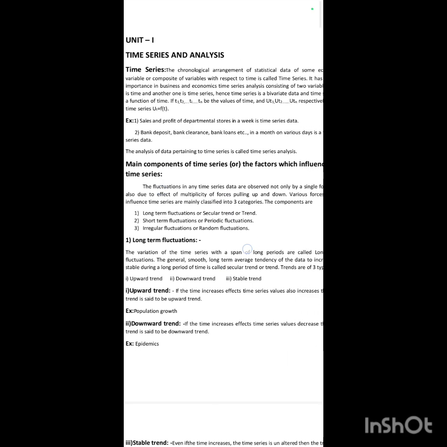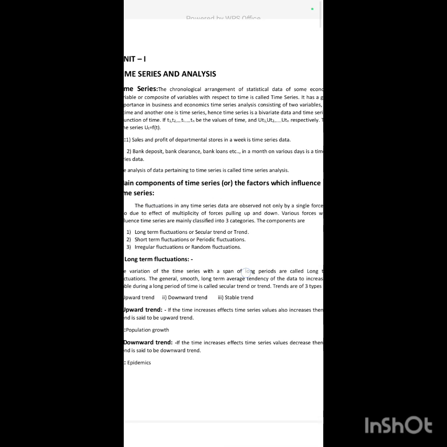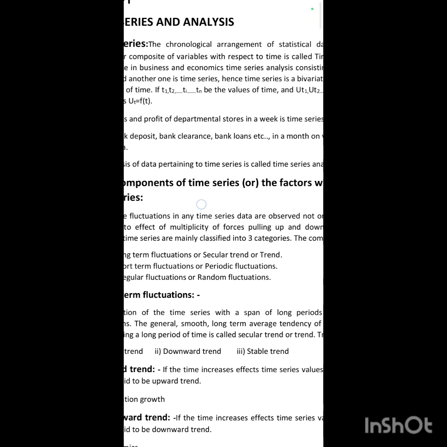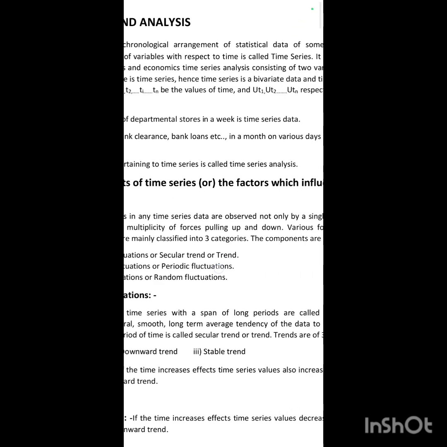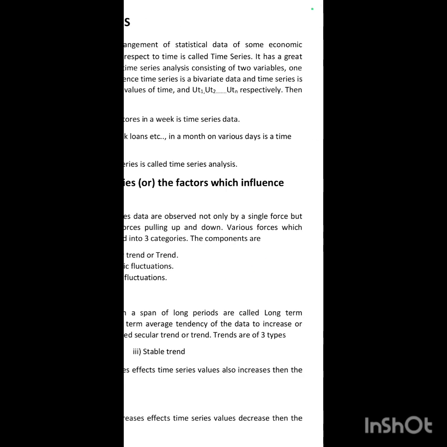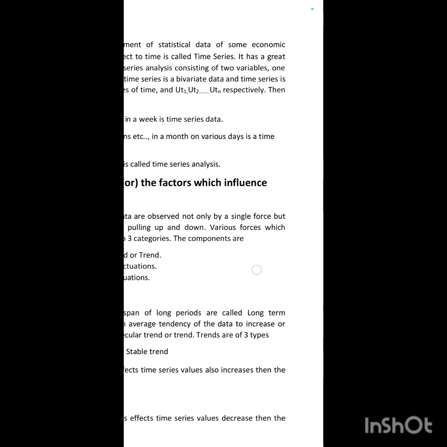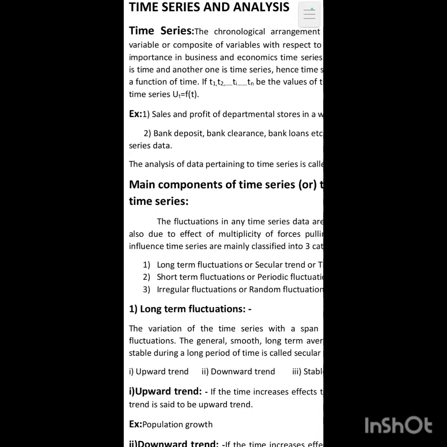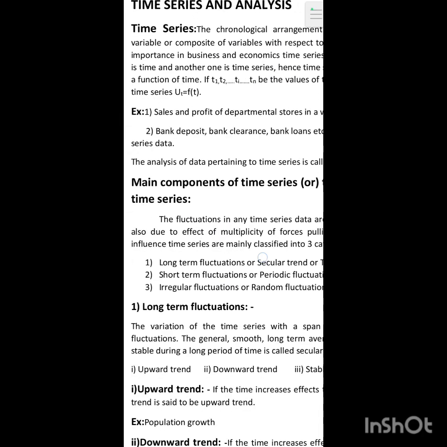So it is denoted by t1, t2, t3 and so on. In general, let t1, t2, ..., tn be the n values of time and u_t1, u_t2, and so on up to u_tn be the respective values. Then the function is given by u_t = f(t).